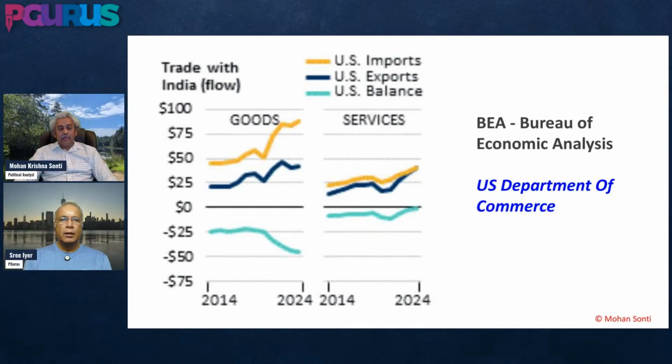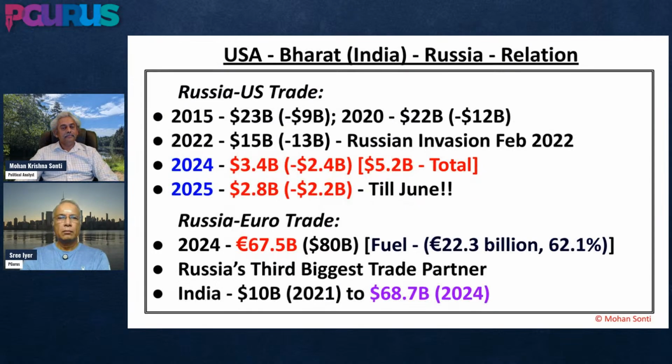The deficit, we are about 11th in rank, and you can look it up. Besides China, there are Mexico, Vietnam, Ireland, Germany, South Korea, Japan, all of them have, even Vietnam, a higher deficit than Bharat. In fact, our trade is very little. We should be doing much better between two large countries and economies, right?